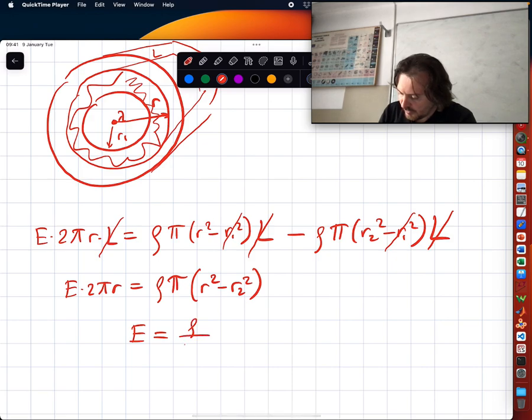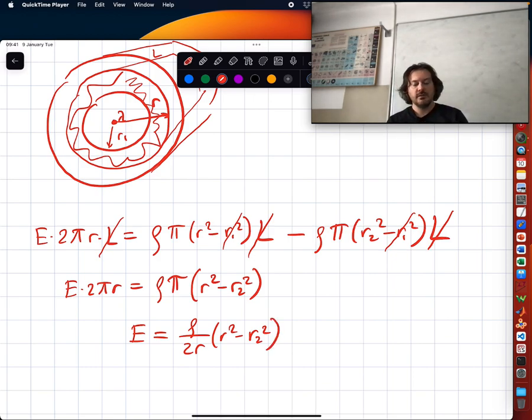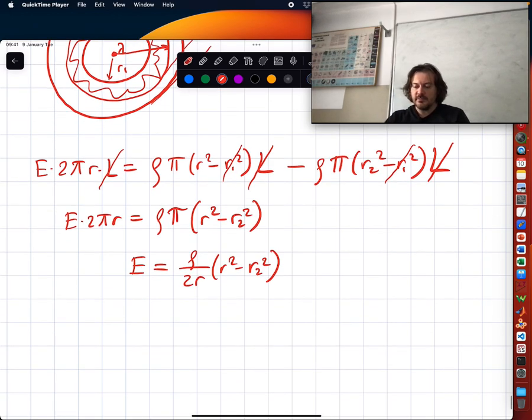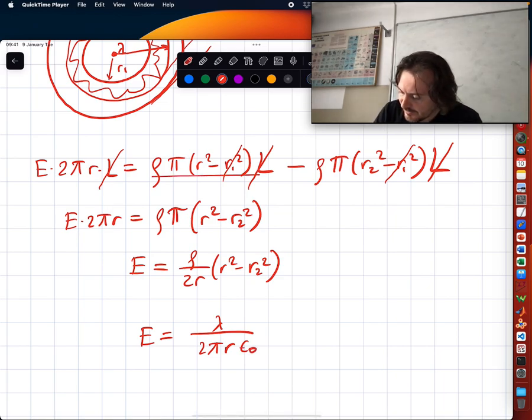E equals rho over 2r epsilon 0 times r squared minus R2 squared. Okay, this is for the in-between. And inside, it's much easier. It's lambda over 2 pi r epsilon 0. We forgot epsilon 0. Oh my God.